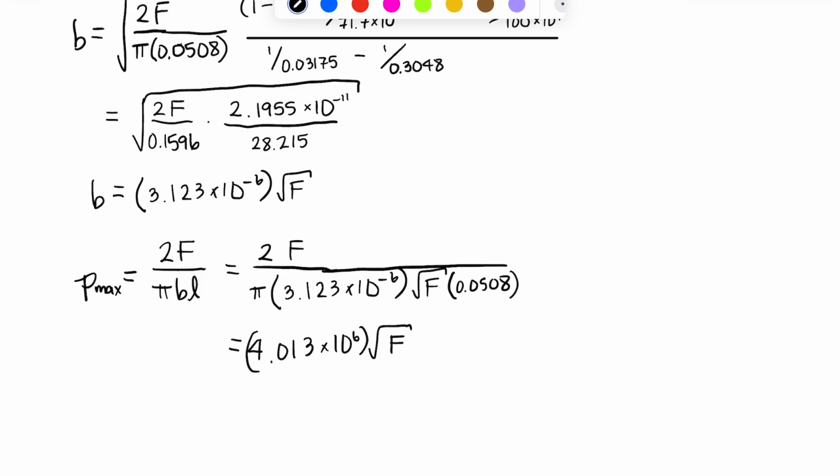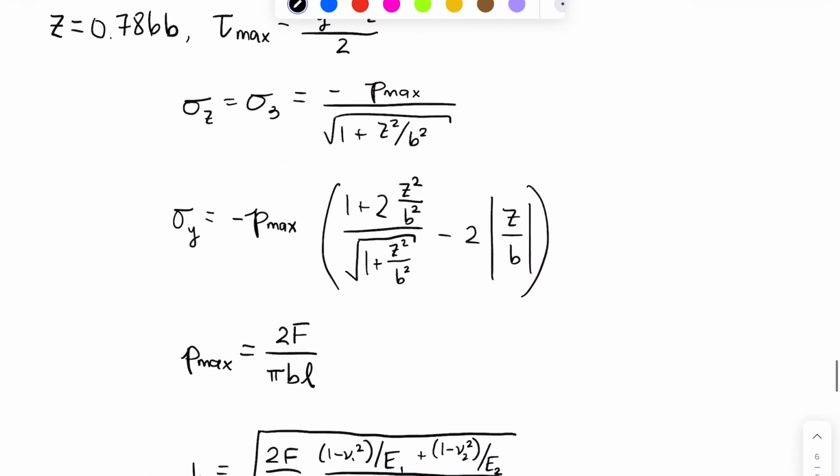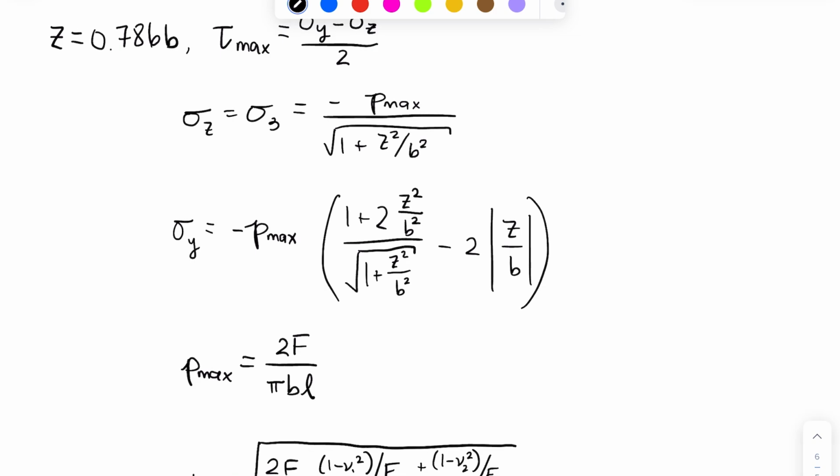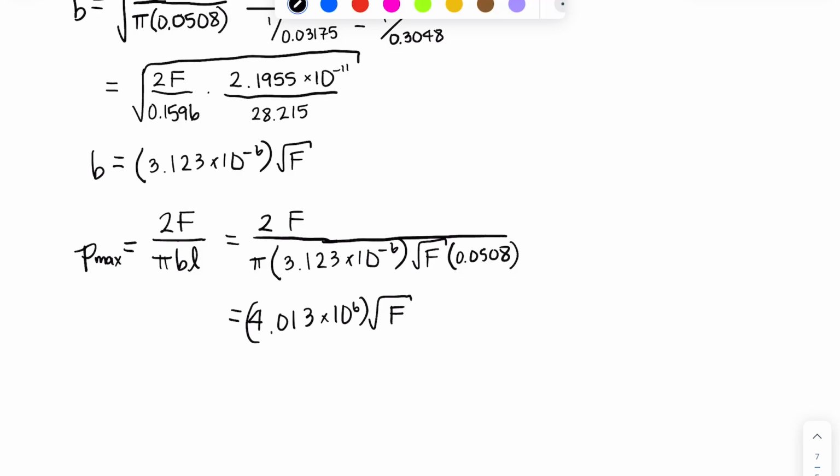And now we need to start solving for our stresses. So the first thing I'm going to do, just to make our lives a little bit easier, we have in several places this ratio of z squared over b squared, and I think we're going to be able to cancel out variables for that and get it just a number.